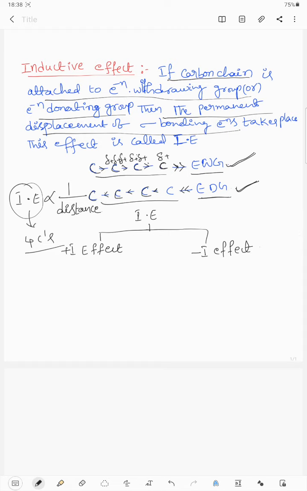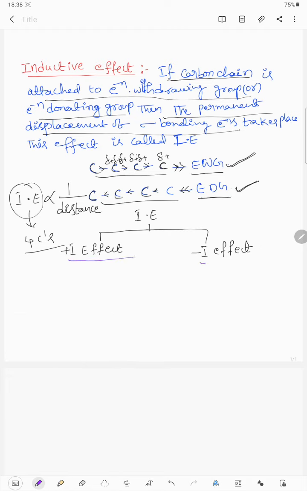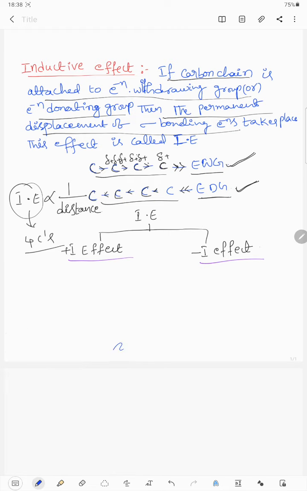Now come to the categories. The inductive effect has two categories. One is plus I effect and the other one is minus I effect. We will see now what plus I effect and minus I effect are. Plus I effect is very simple: the carbon chain is having an electron donating group.